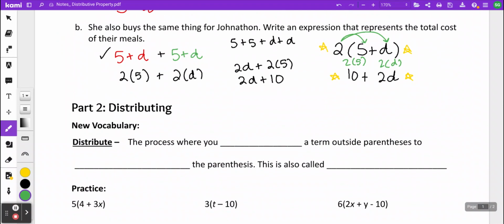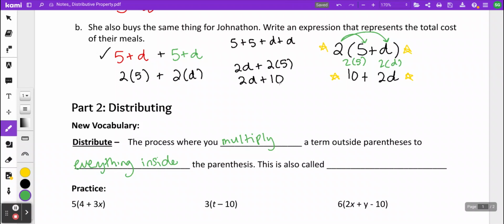Distribute, when you hear that word, it means there is multiplication happening. We say it's the process where you multiply a term outside the parentheses, like this number 2, to everything inside the parentheses. So notice I multiplied the 2 with the 5, but I also multiplied the 2 with D.